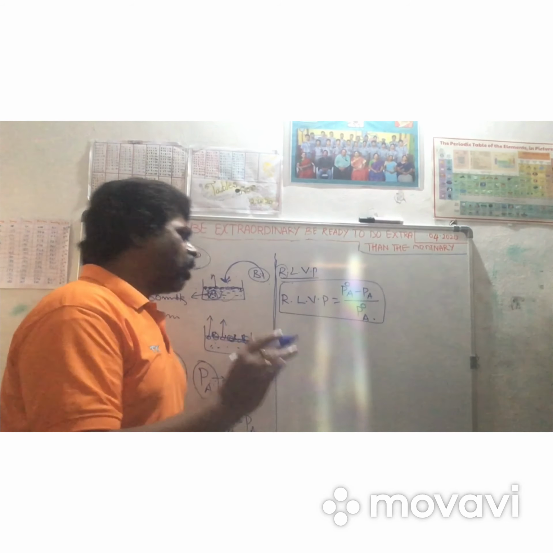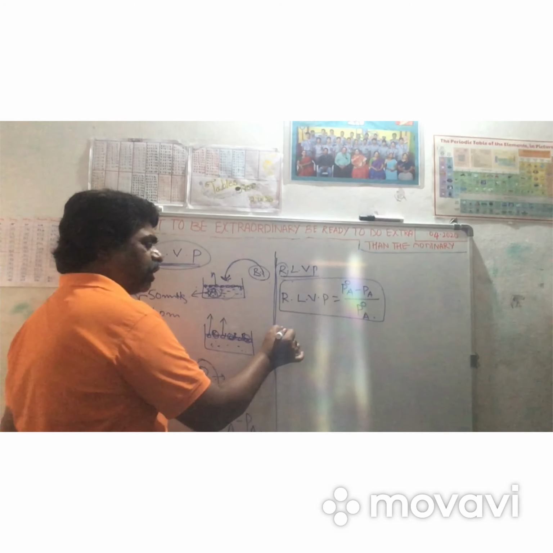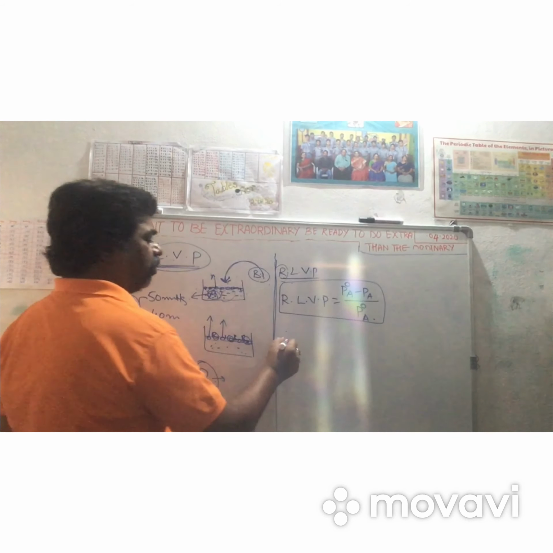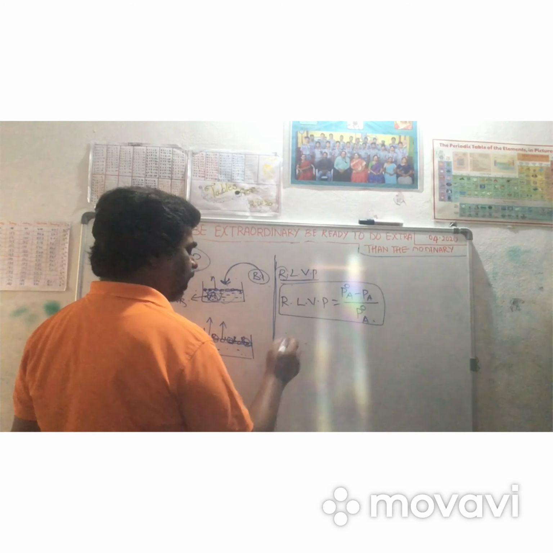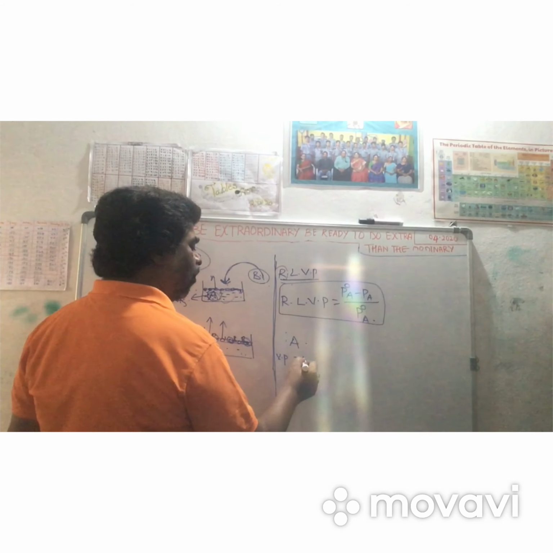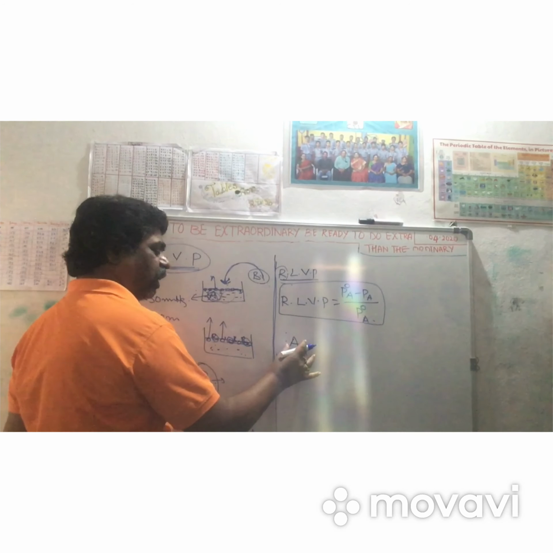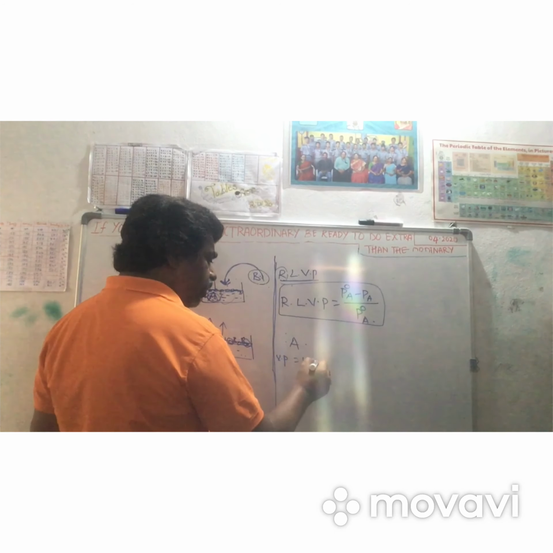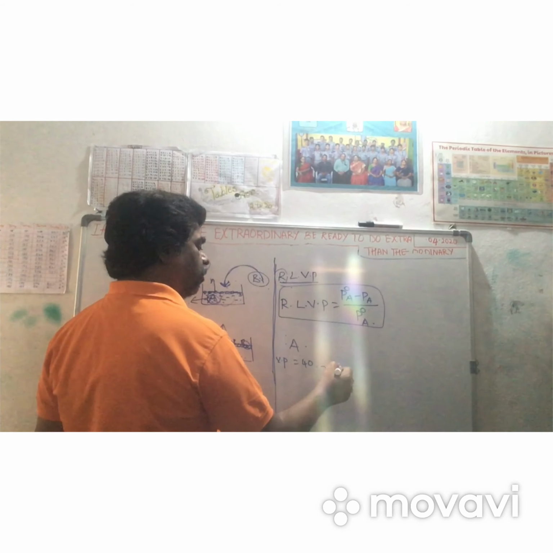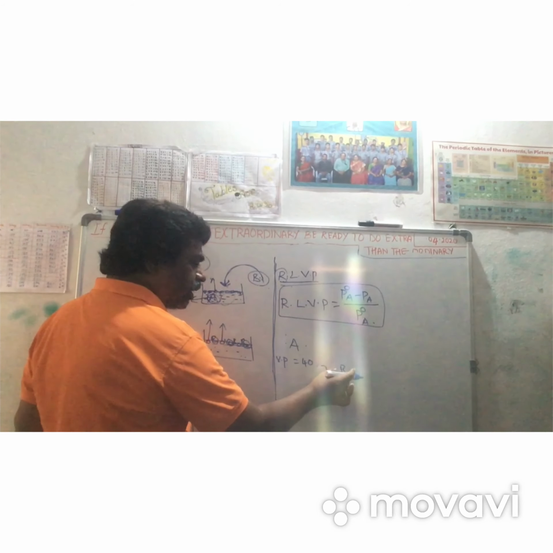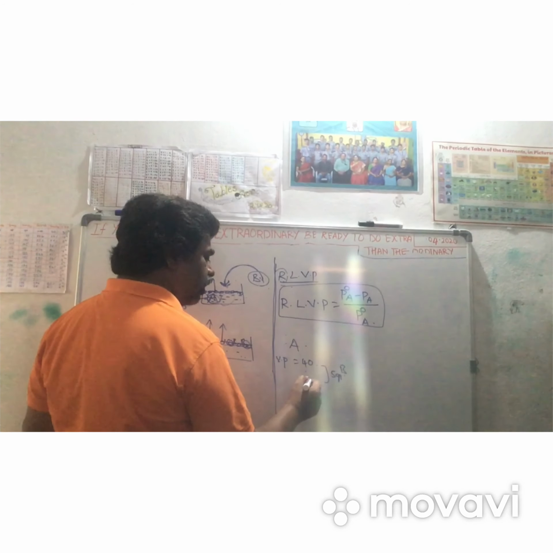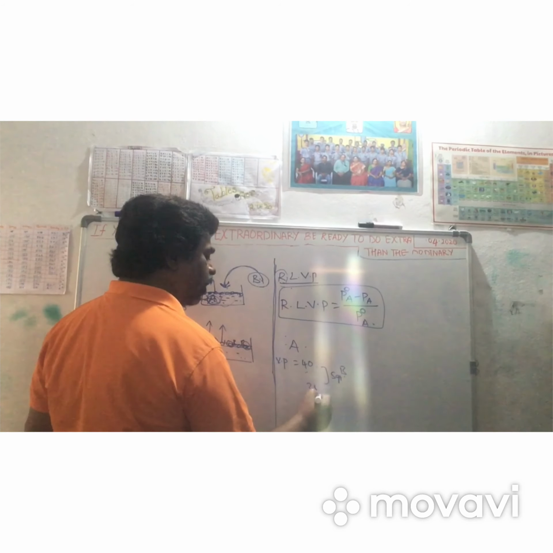Before Raoult's law, I am telling some conditions in lowering of vapor pressure, P naught A minus P of A. First, pure solvent A is taken. The vapor pressure is equal to 40 mm of Hg. When 5 grams of non-volatile solute B is added, vapor pressure decreases to 35 mm of Hg.